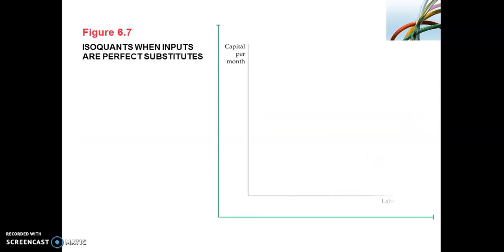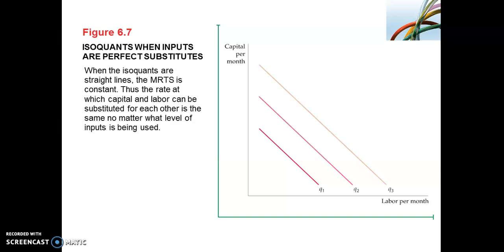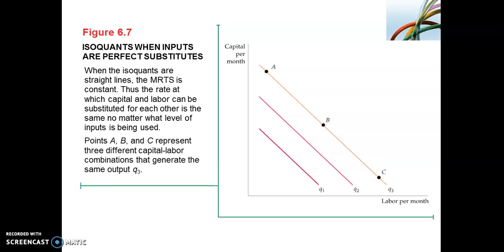Now, this first case or this first example we're going to look at is when inputs are perfect substitutes. Now, we understand what substitutes implies. So what does perfect substitutes imply? So here you can see that your marginal rate of technical substitution is the same for all points on this curve for A, B, and C. So your MRTS is the same for all points.